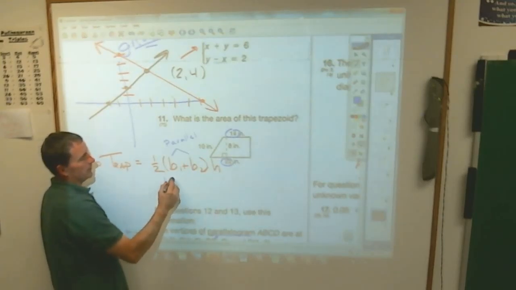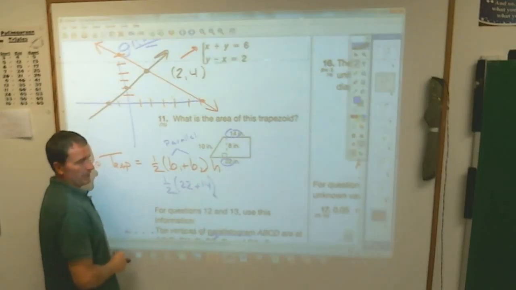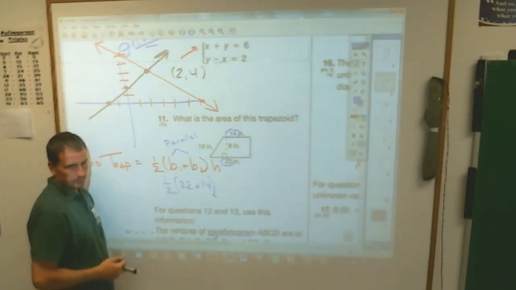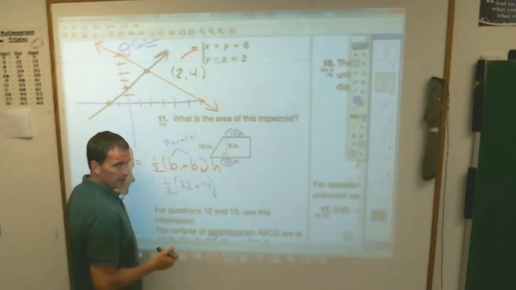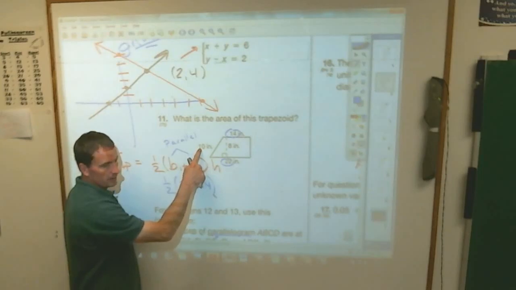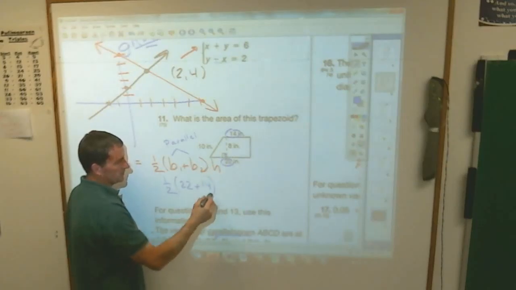So it's 1/2 of 22 plus 14. And what's the height? Taylor? How do I know it's the height? Because it is. Why is 10 not the height? Because this one is perpendicular, it's the height.